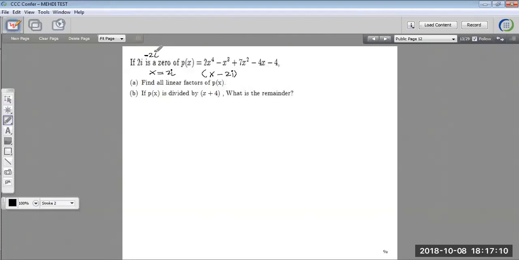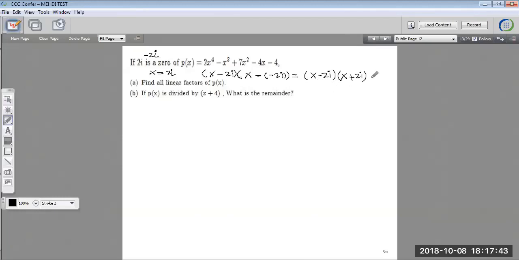Then my other factor must be x minus minus 2i. In other words, my factors so far are x minus 2i times x plus 2i.